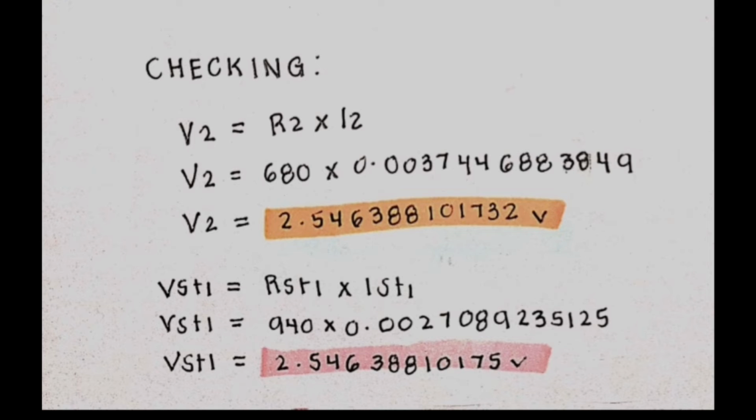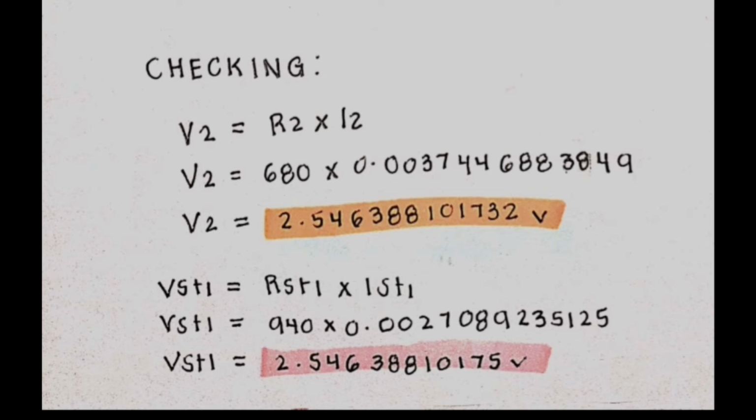V2 is equal to R2 times I2, so that is 680 ohms times 0.0037446883849 amperes. Then we're going to have an answer of V2 of 2.5463881011732 volts.